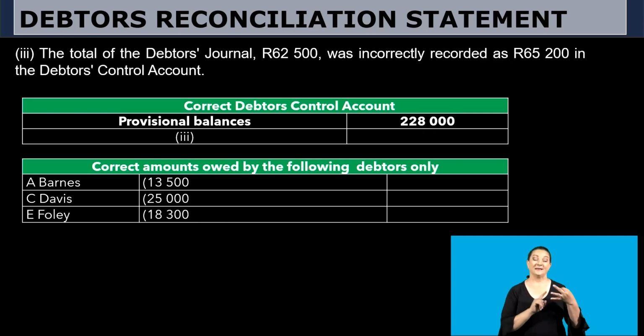Here's number 3. The total of the debtors journal. Once I hear DJ plus, because it means there are invoices that are recorded in the DJ, it increases what our debtors owe us. The total of the DJ, 62.5, was incorrectly recorded as 65.2 in the debtors control account.